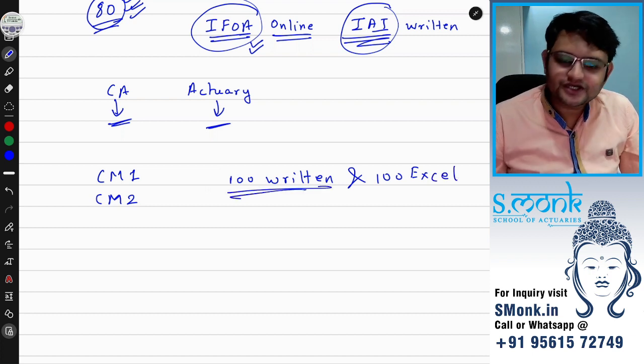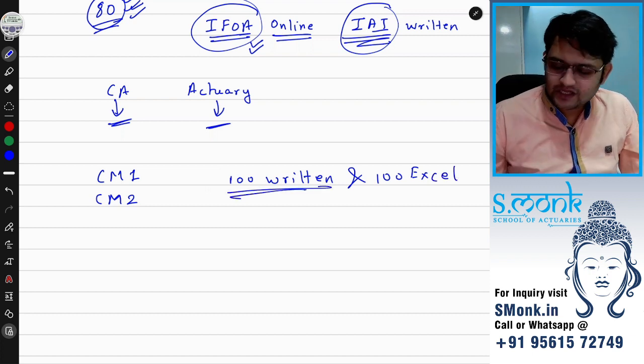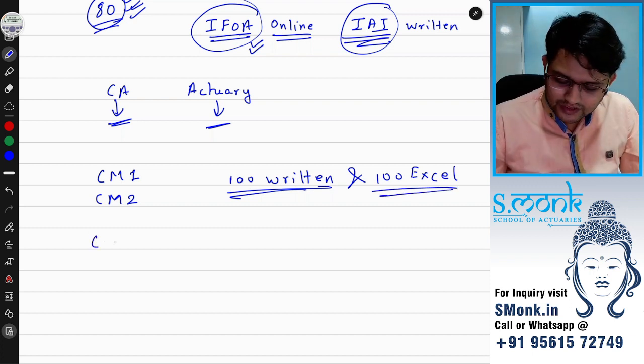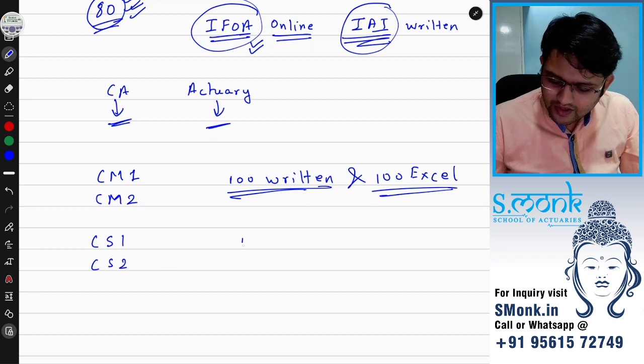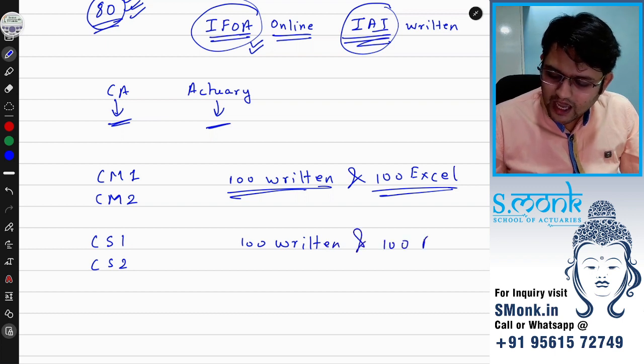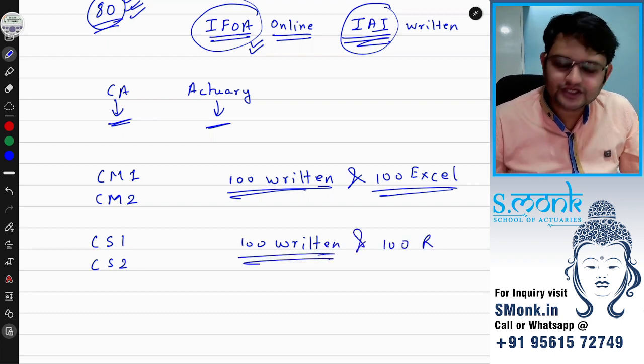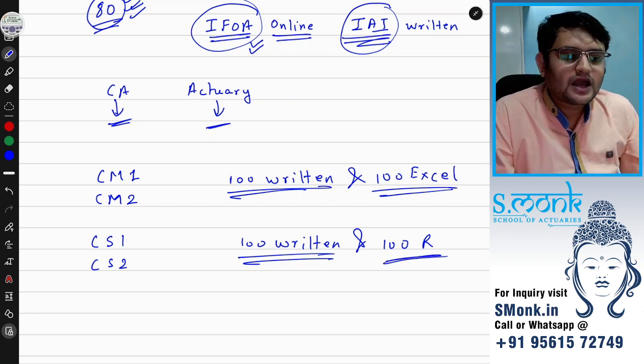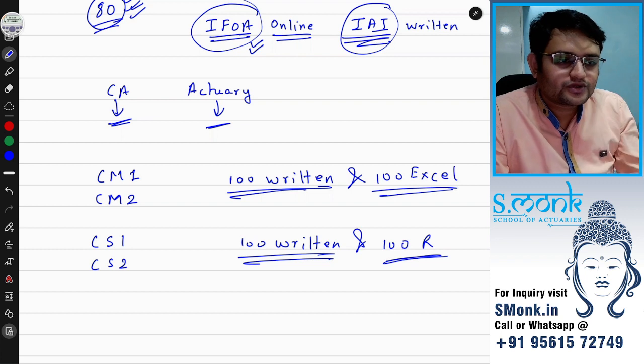So 100 marks written would be on pen and paper and 100 marks Excel will be on computer. Similarly, for CS1 and CS2, you have 100 written and 100 marks R programming. Again, 100 marks written on pen and paper and 100 marks on R programming, that would be on computer. Okay.